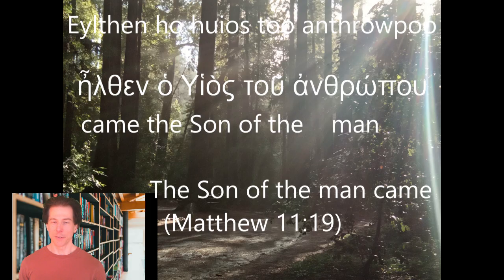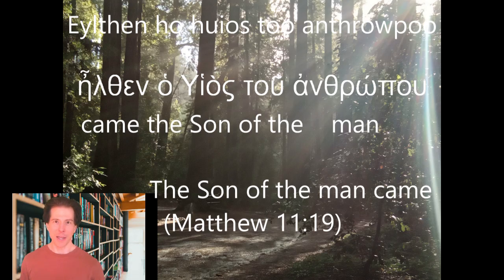That's how it would be if we went through word for word in the order of the Greek. Obviously when you put it into comprehensible English, you're going to change something about the word order. This one is usually translated as the Son of Man came.